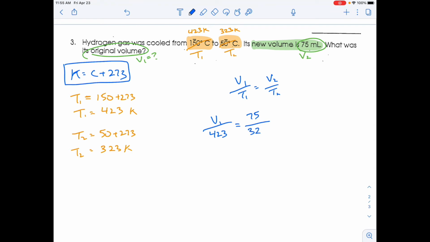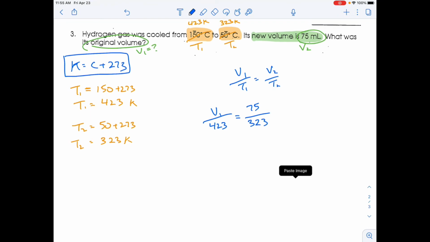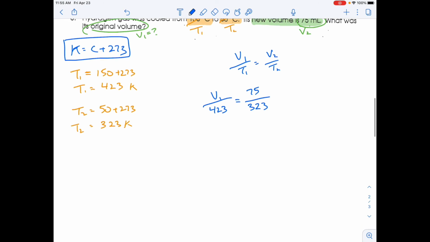And 323 is the second temperature. Now, there's a bunch of different ways to solve this algebraically. Typically, people cross-multiply this. It's probably one of the most common ways of doing it.